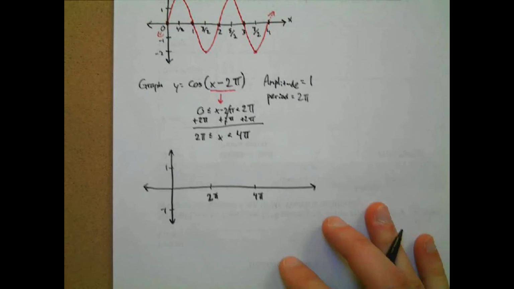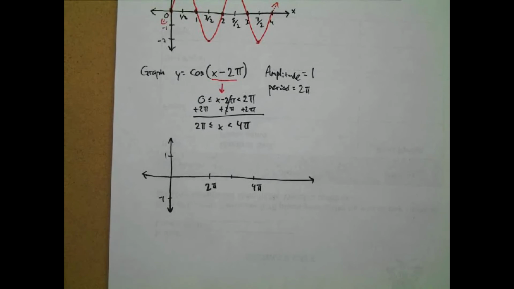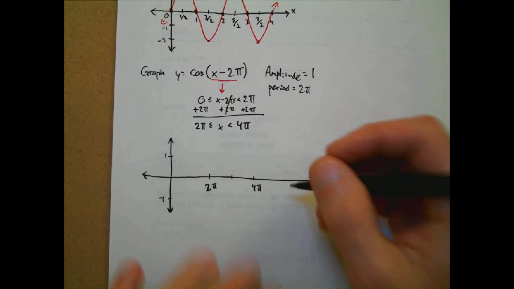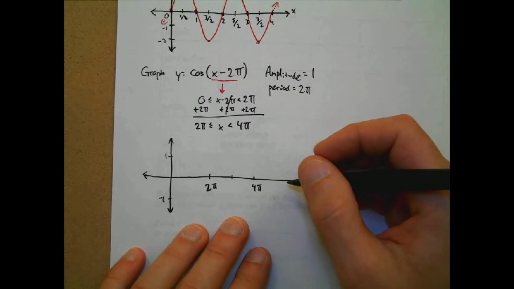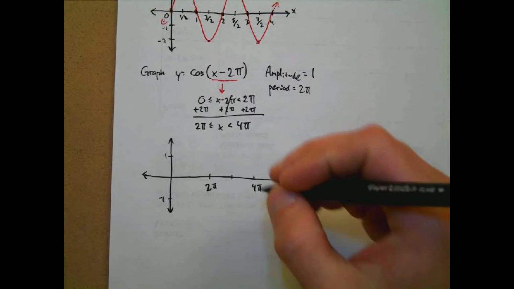Okay. And again, we're going to find the midpoint. What's halfway between 2 pi and 4 pi? 3 pi.